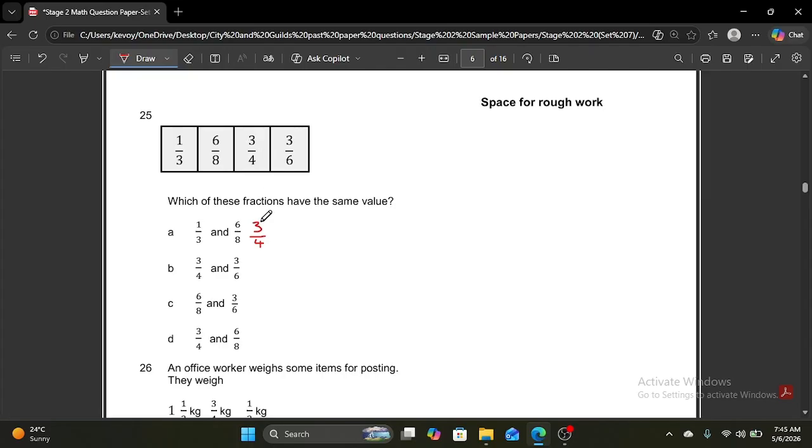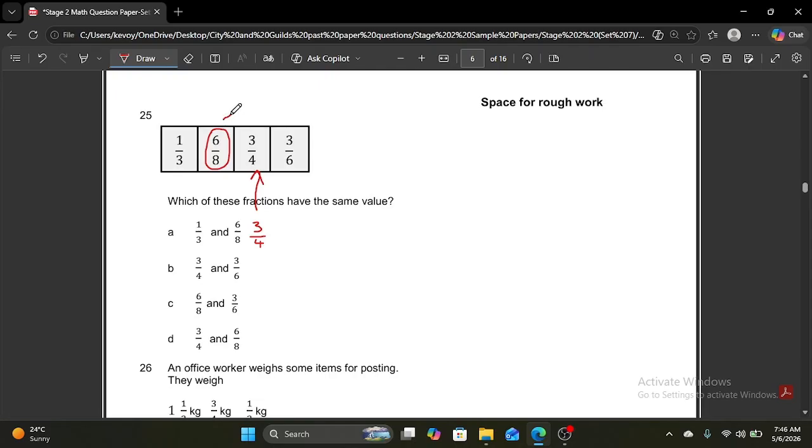If you look right above here, there is a 3/4 in the table. So we have 1/3, 6/8, 3/4, and 3/6. After we simplified this fraction 6/8, the highest number that can divide 6 and 8 without leaving a remainder is 2.